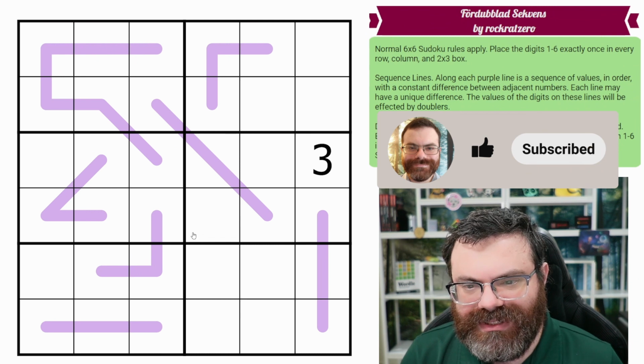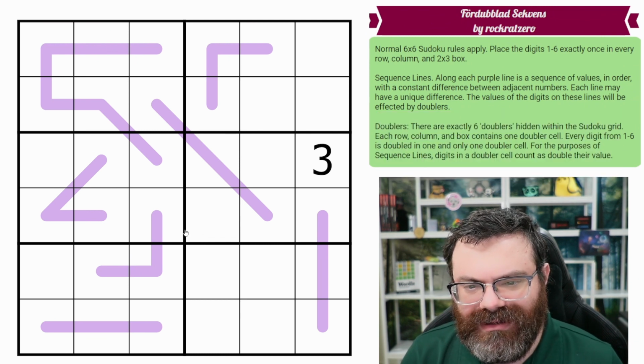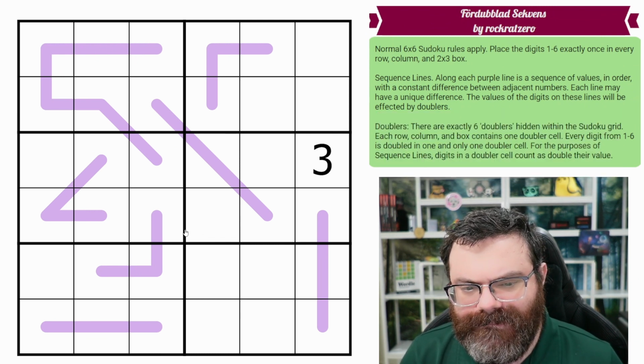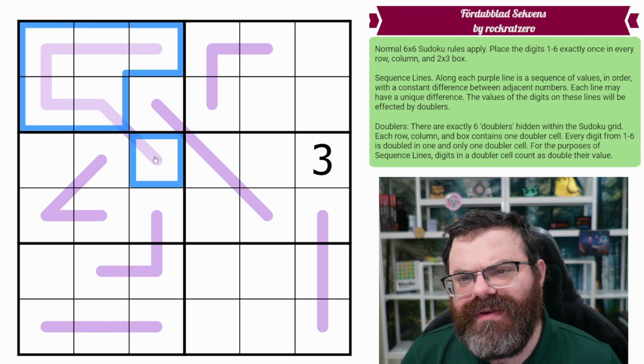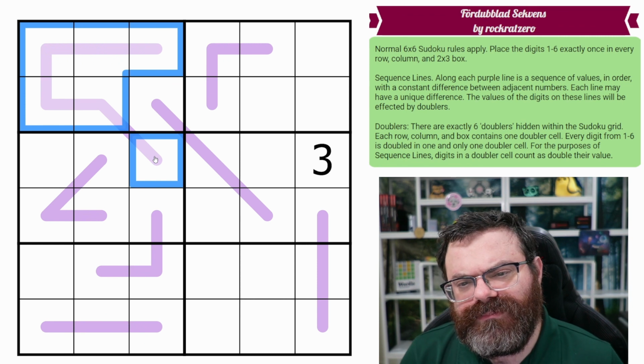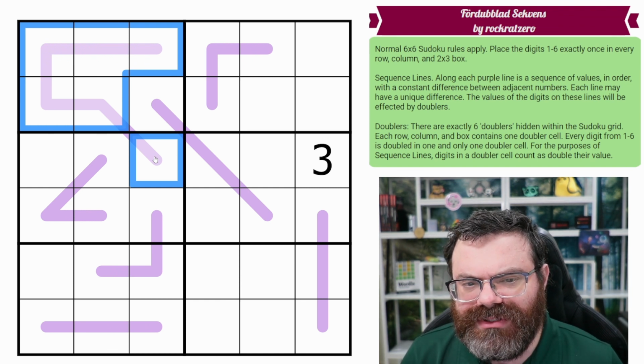I'm thinking about these sequences. I wonder what to start with. Maybe this long one. 1, 2, 3, 4, 5, 6. So, this could just be 1 through 6. We only get up to 2 doublers on here.